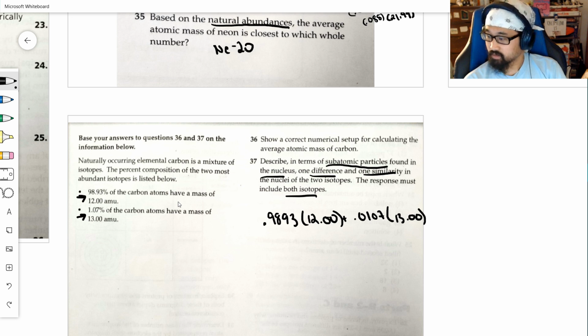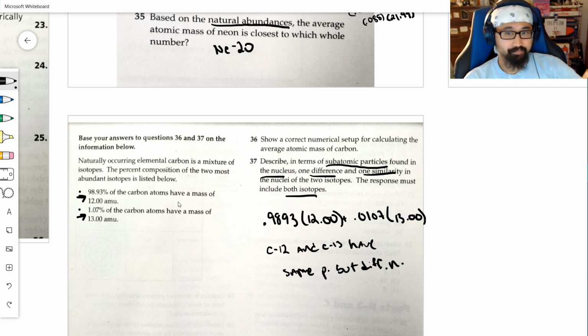Carbon 12 and carbon 13 have the same protons but different neutrons. There it is. Again, just talking about isotopes, right? The existence of isotopes is why we have this average atomic mass. A little bit of review.